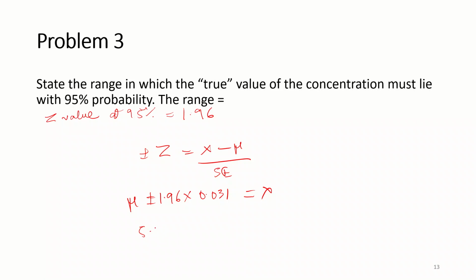So 5.0184 plus minus, I have to calculate it, 1.96 into 0.03, plus minus 0.76. So that will be the value.